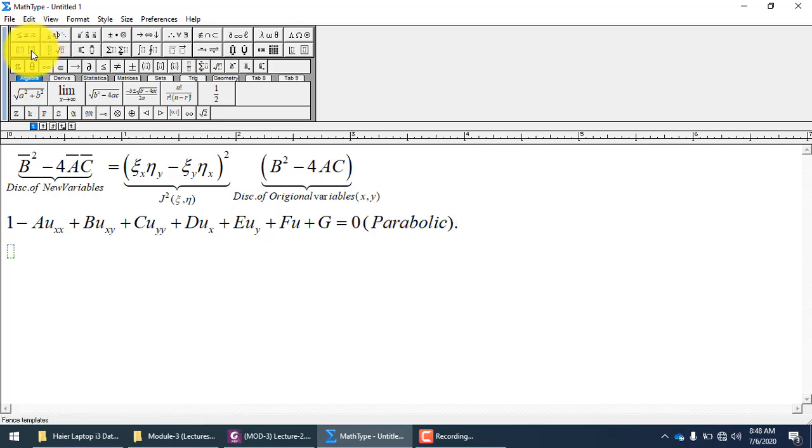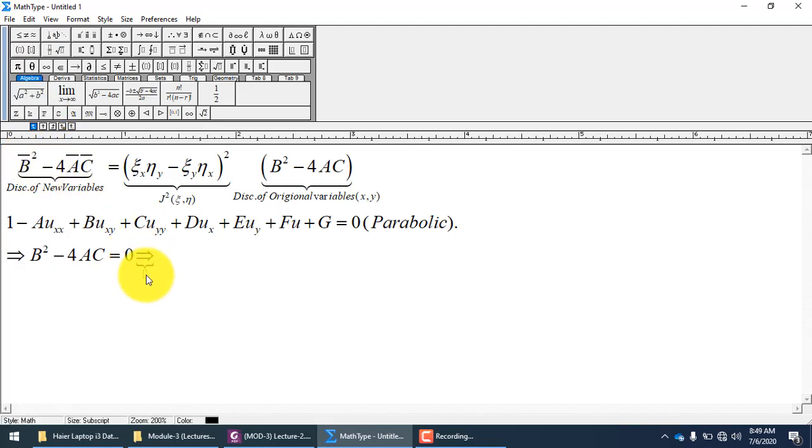This implies that the discriminant in that form will be 0. So just imagine what will be the discriminant in new transformation.